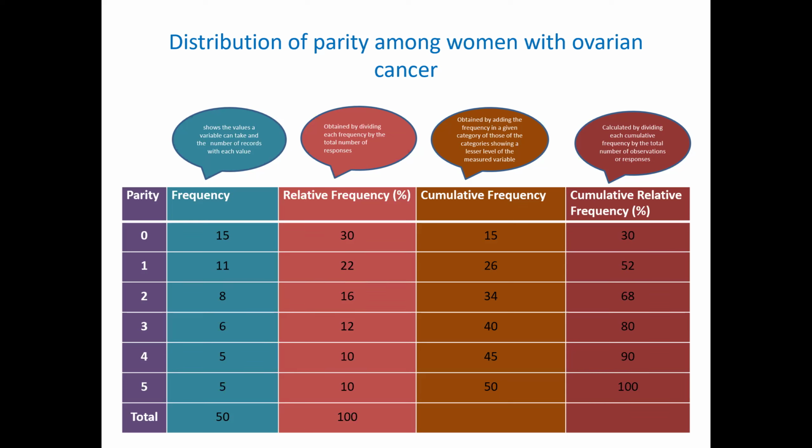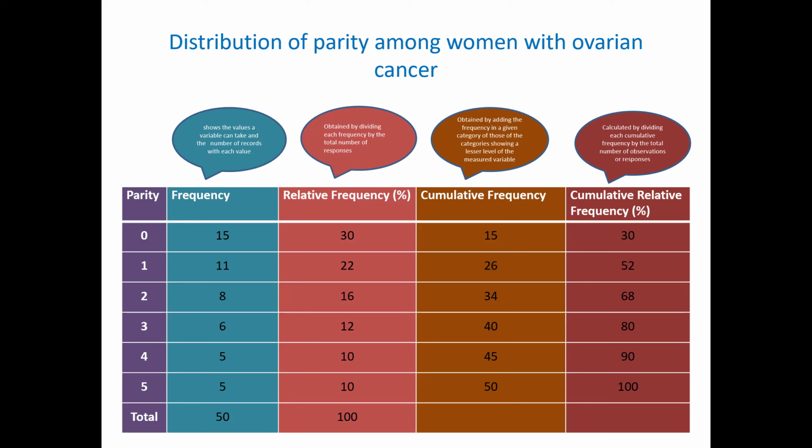So the frequency distribution just means the number in each category out of the total. So we have 50: 15, 11, 8, 6, 5, 5. It gives you 50. But this type of frequency distribution is not so useful for comparison.